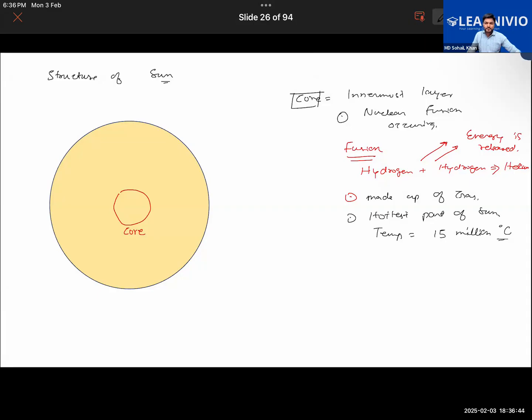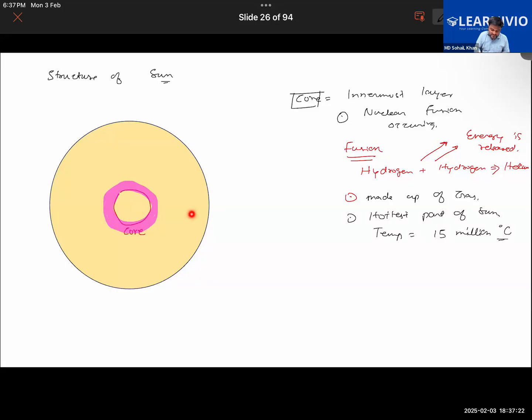Okay. Next, right after the core, you have some other layers also. After the core, you have the zone where radiation is being released. So this is the core, and right after the core, the next layer is called the radiation zone, basically.